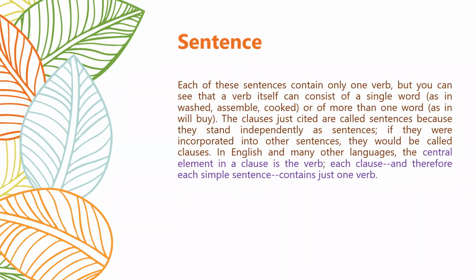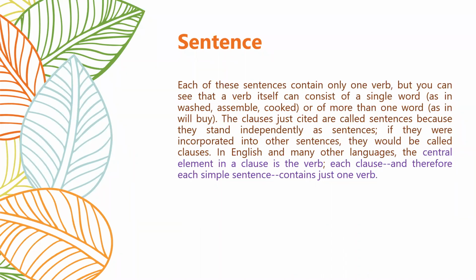Each of these sentences contains only one verb, but you can see that a verb itself consists of a single word, as in washed, assembled, cooked, or more than one word, as in will buy. So you can have more verbs, like will buy, or the use of primary auxiliaries. For example, he is walking, he is listening to the lecture, we are attending a class, we are listening to the lecture.